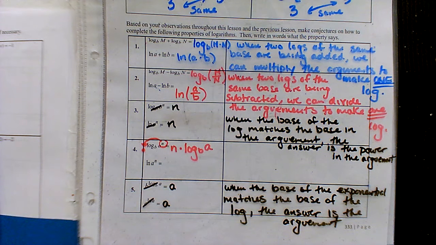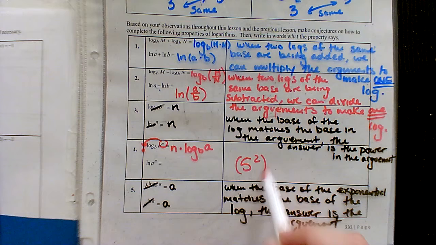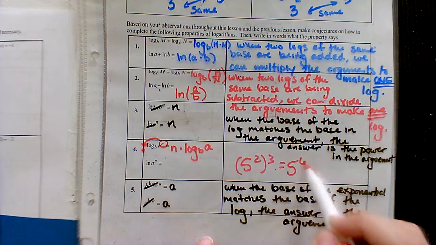This is sort of related to another property of exponents. Whenever you have a power to a power, how do you combine those together? For instance, if I had 5 squared to the third, what would that be? Yeah? You multiply them, right?